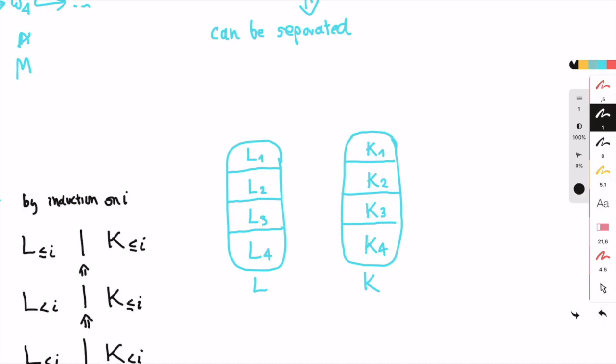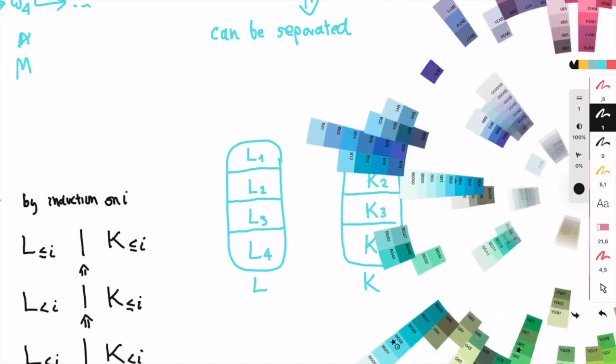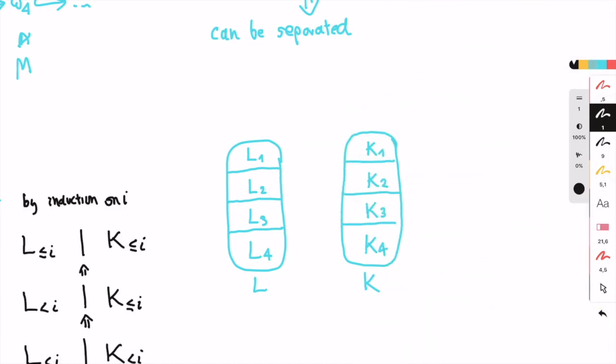So suppose that, and in this picture I will assume that I equals 3. Okay. So I know that I can separate L1 union L2 from K1 union K2, and I want to show that I can separate L1 union L2 from K1 union K2 union K3.